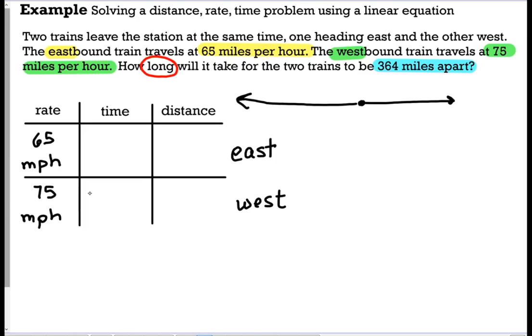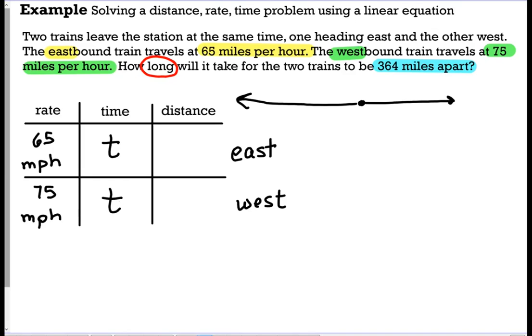The trick here is that you have to make the assumption that both trains are actually traveling the same amount of time. So therefore, I'm going to use a variable t and use the same one because it should be the same amount of time for each train.